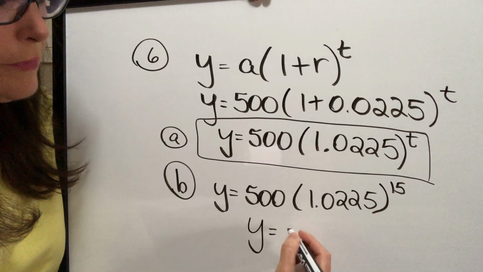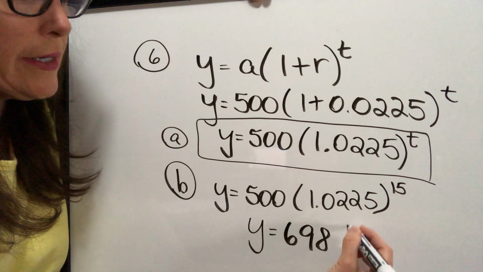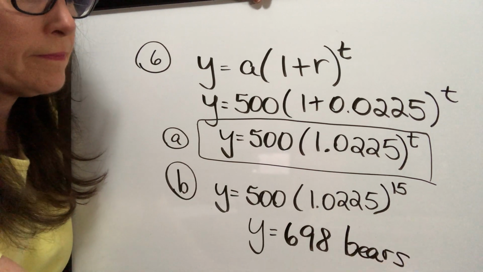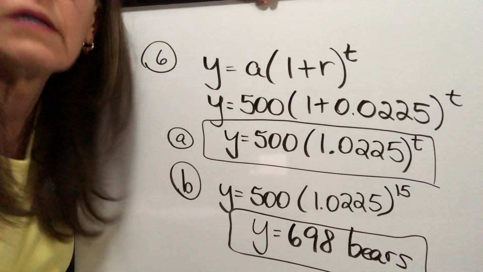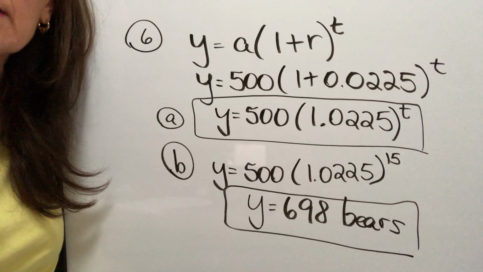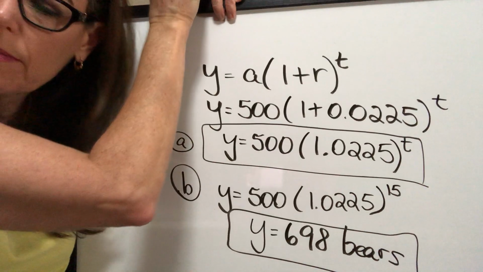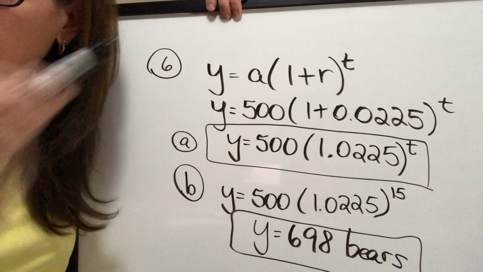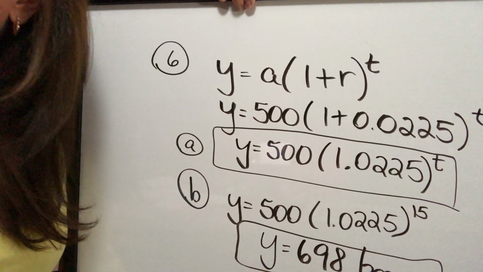So final answer for B would be 698 bears. Living objects, don't put any decimals. Okay, so those board problems were easy enough. You're just following a formula, so not a problem.